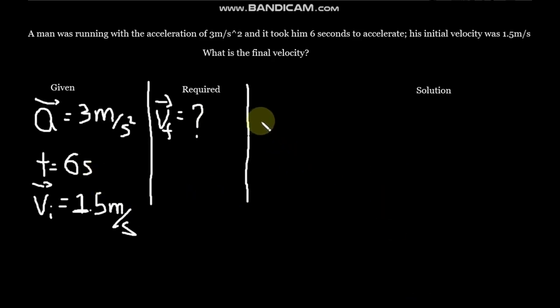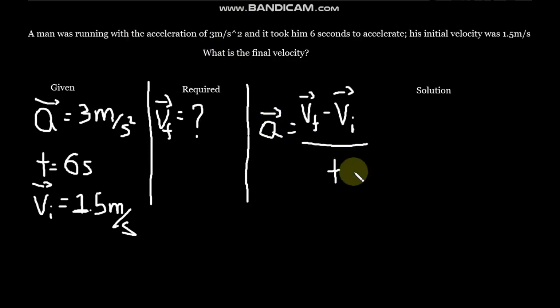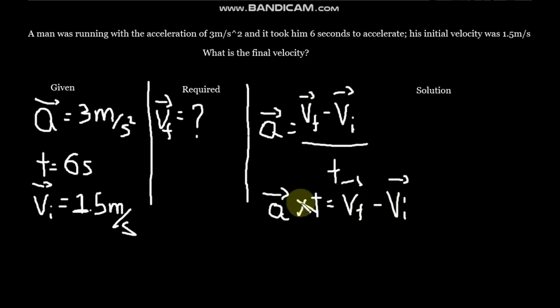So all you have to do is derive the final velocity's formula using the acceleration's formula, which is acceleration equals final velocity minus initial velocity over time. So this is the formula, and if we crisscross it, you may get this. This is acceleration times time.